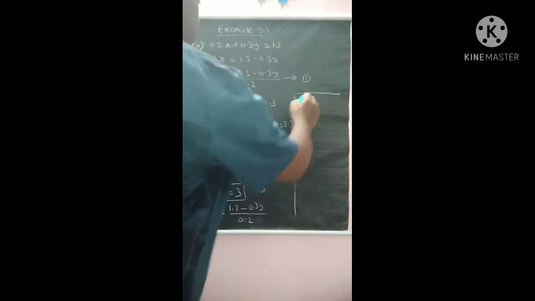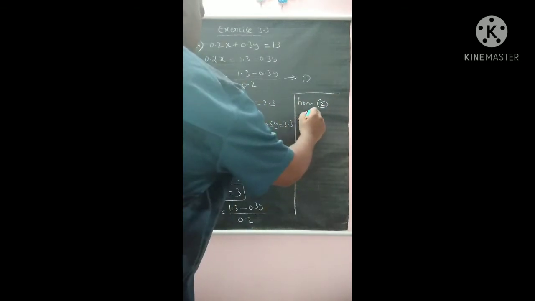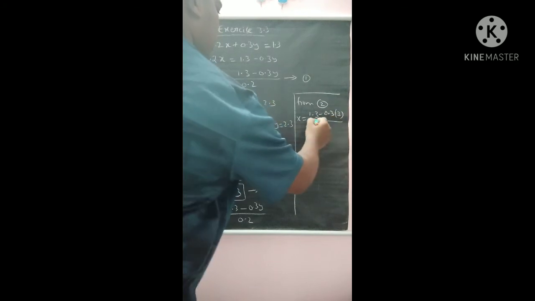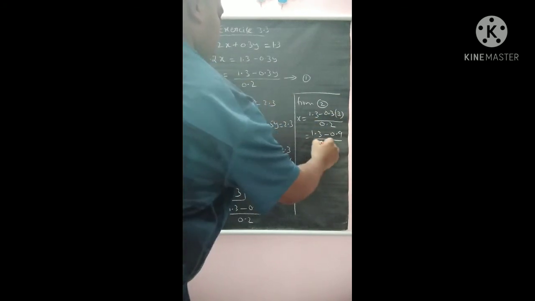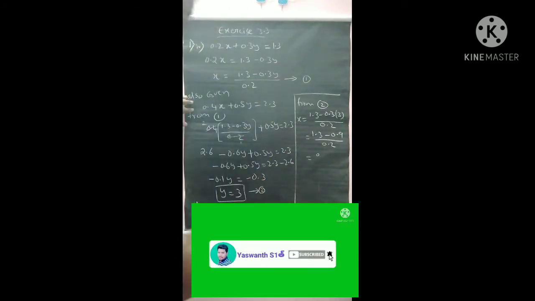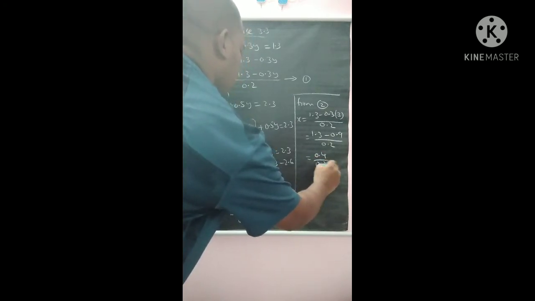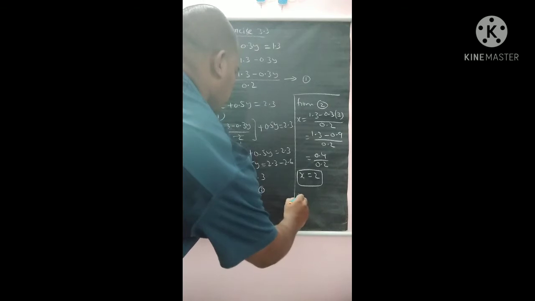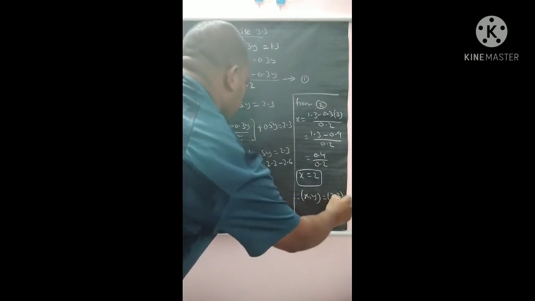Continuing, from 2 we can write x equals (1.3 minus 0.3 into 3) by 0.2. That is (1.3 minus 0.9) by 0.2, which is 0.4 by 0.2, so x equals 2. Therefore x comma y is 2 comma 3.